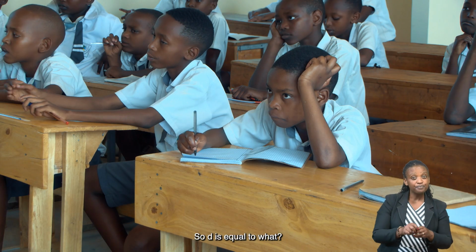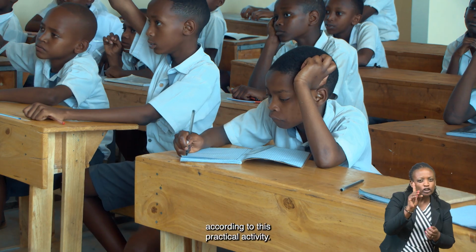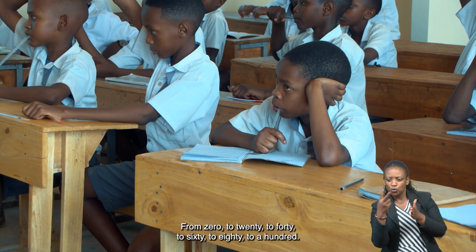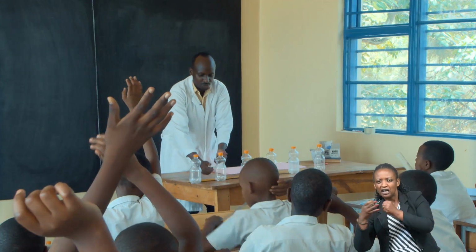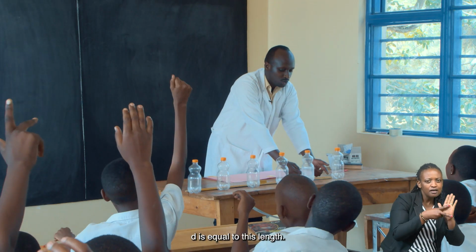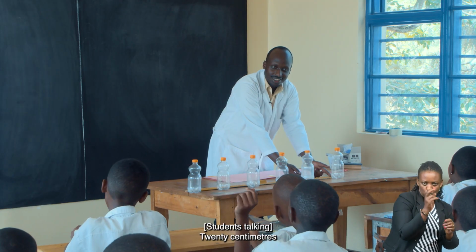So d is equal to what? That's smaller d. According to this practical activity, from 0 to 20 to 40 to 60 to 80 to 100, d is equal to this length, and this length is equivalent to 20 centimeters.